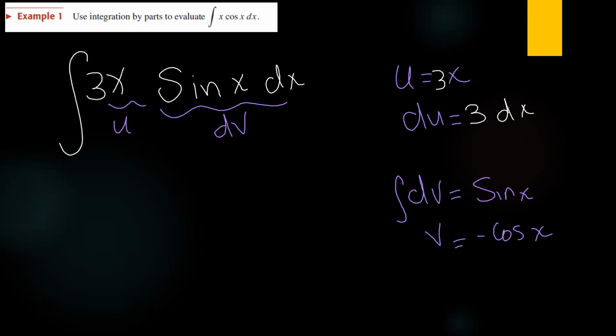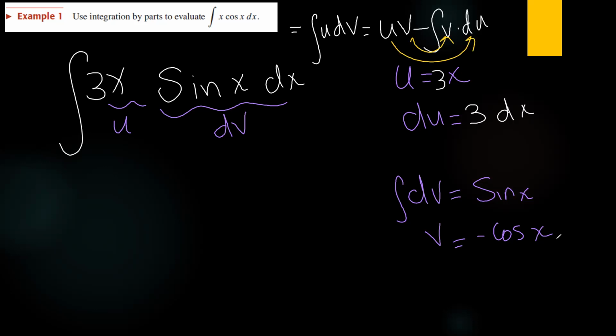After that, let's remember that the integration of u dv will be uv minus the integration of v times du. To memorize the formula: u times v, then for v, you have to find its integration, and for u, you have to find its derivative.